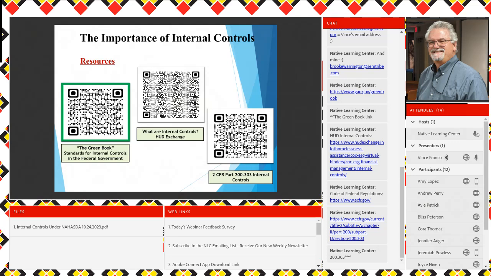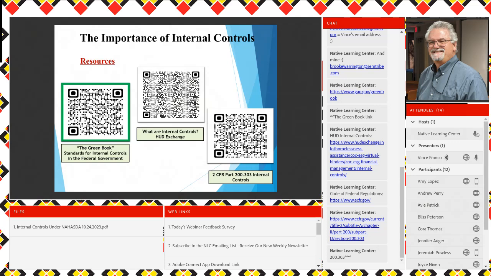We have to know that we can navigate and, more importantly, interpret what those regulations mean, currently and proposed, so that we can put policies and procedures in place that, with a reasonable amount of assurance, are up to date with the federal regulations and what's happening right now.